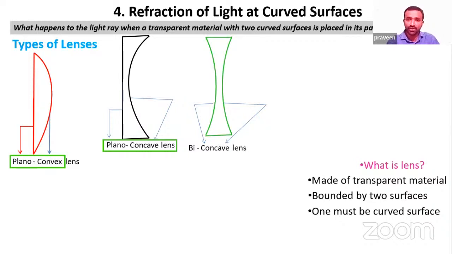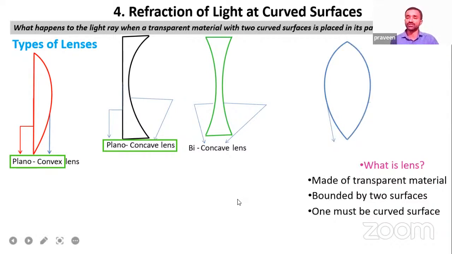After this, we have one more type of lens bounded by two convex surfaces. The left side surface is convex and the right side surface is also convex. Both surfaces are convex, so I use the code bi, or you can name it double, no problem. So biconvex lens. We learned four types of lenses. What are they?